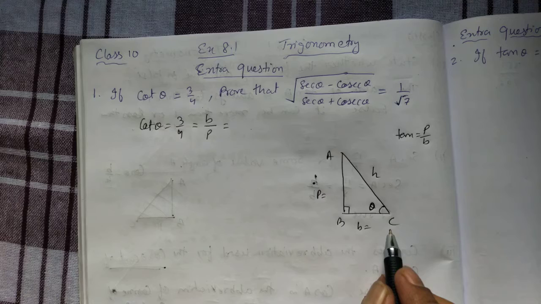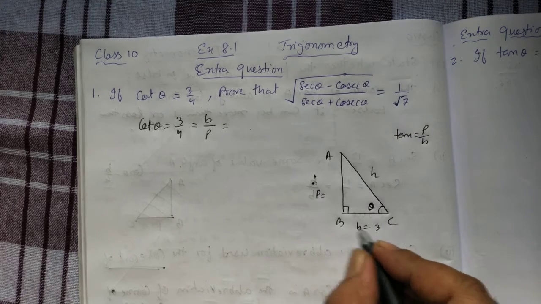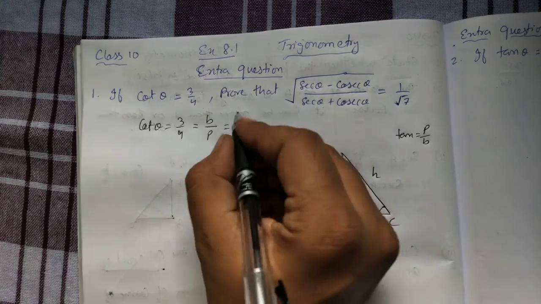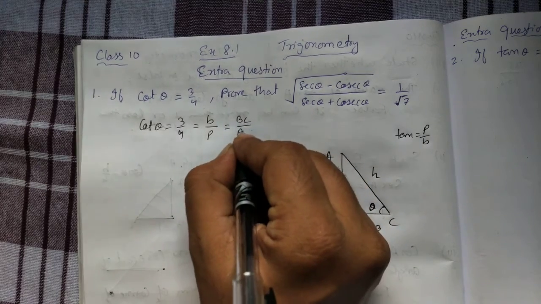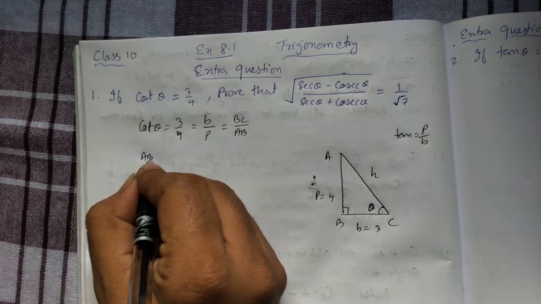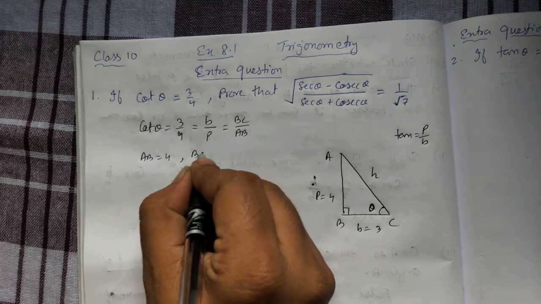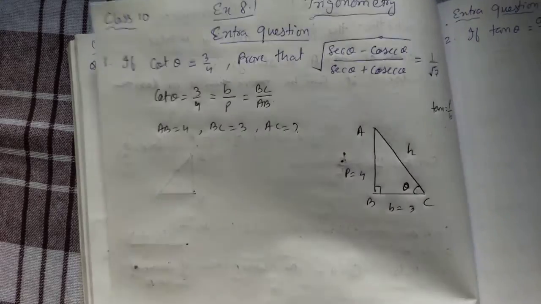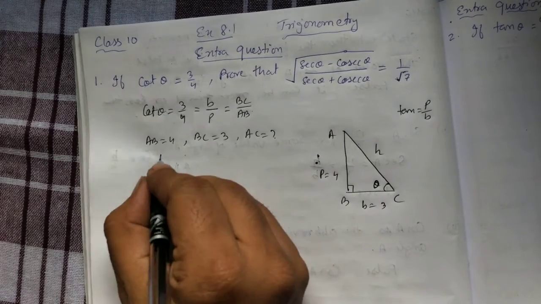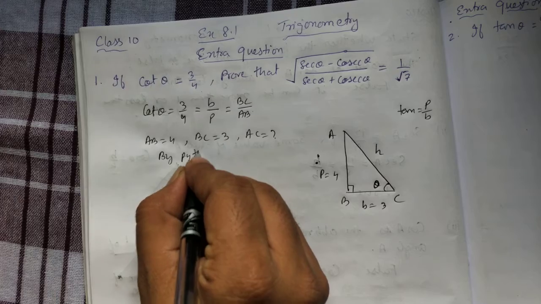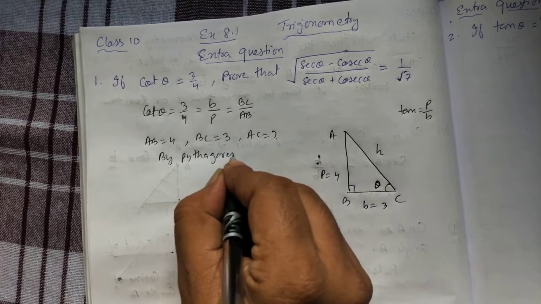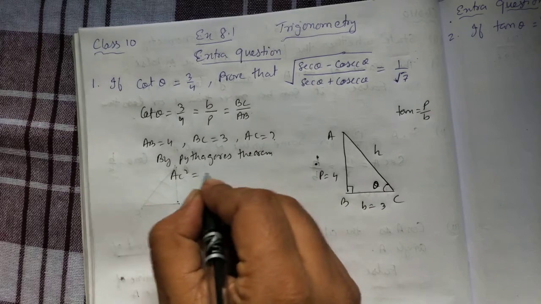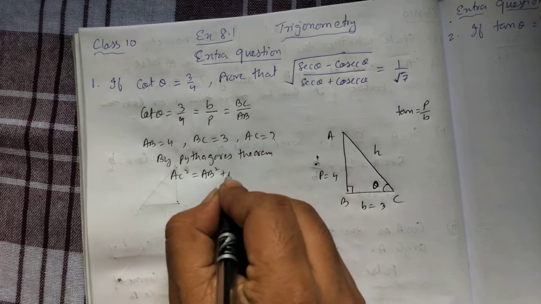So what is B here? B is 3 and P is 4. So this is BC by AB. So you can write AB is 4, BC is 3 and AC you are going to find. Use Pythagoras theorem to find AC. AC square equal to AB square plus BC square.